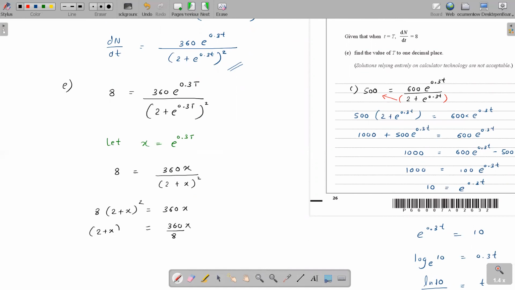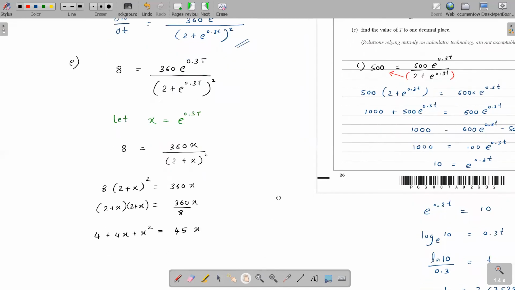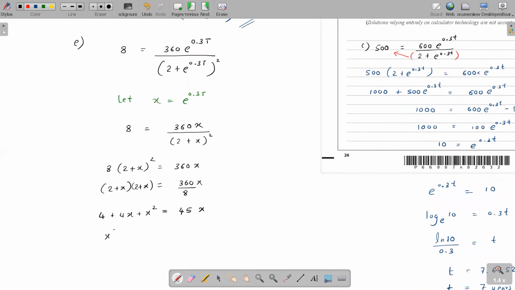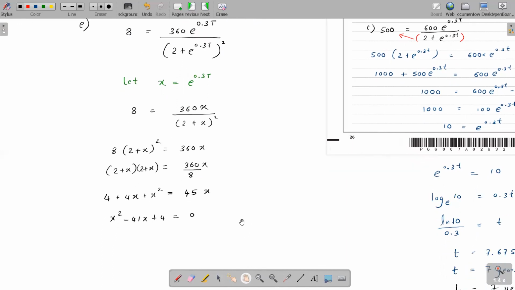Expand (2 plus x) squared, that is (2 plus x) times (2 plus x), which gives 4 plus 2x plus 2x is 4x plus x squared. 360 divided by 8 gives 45, so 45x. Then when I simplify, 4 minus 45 is minus 41x, so x squared minus 41x plus 4 equals 0. So we end up getting a quadratic equation.